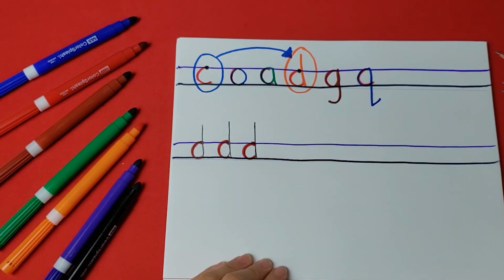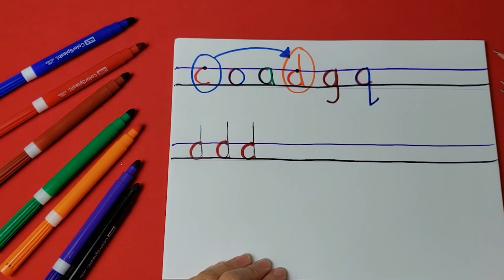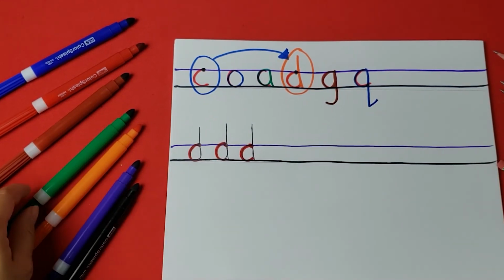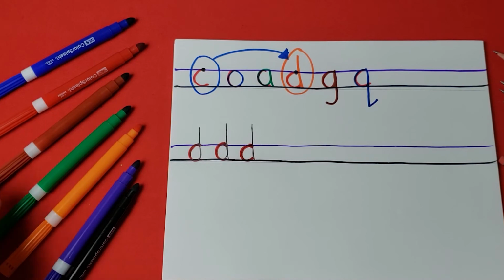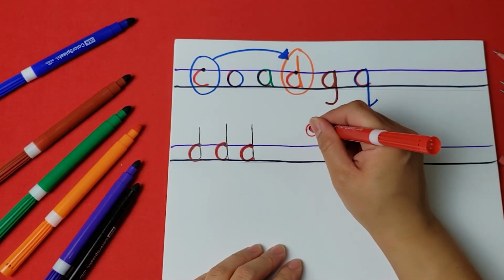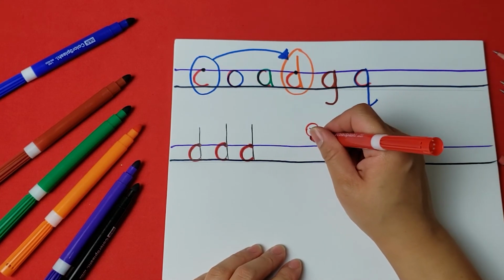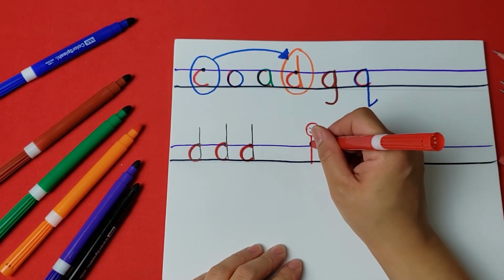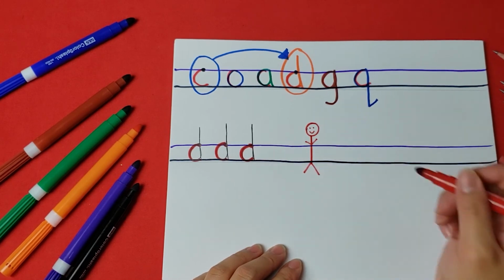Okay? Now I want you to think of a visual that will help us. Again, we're going to make this visual of a person who has a body, arms, and legs.